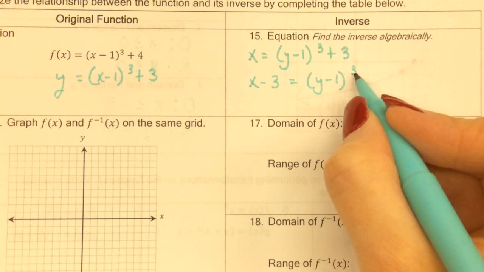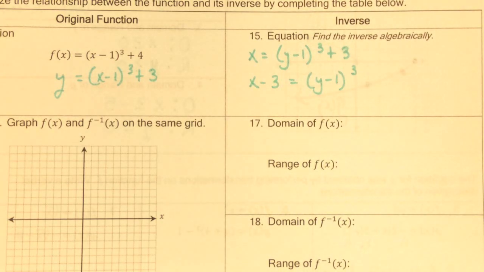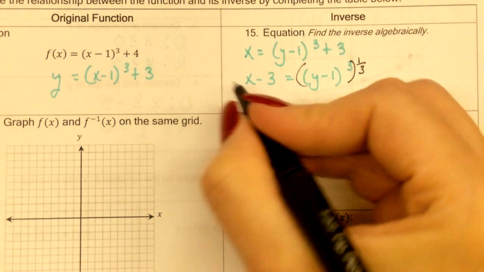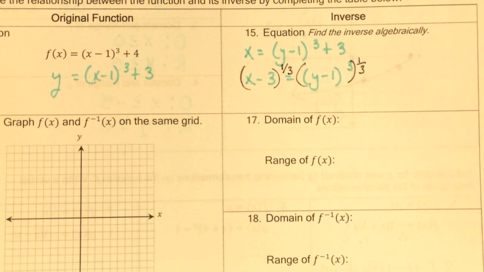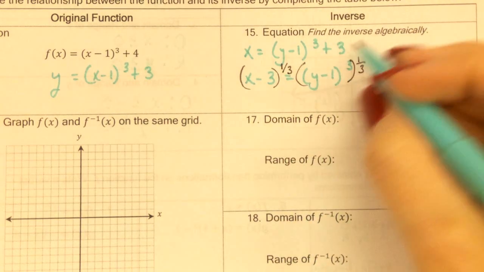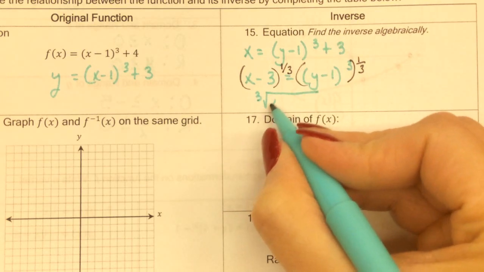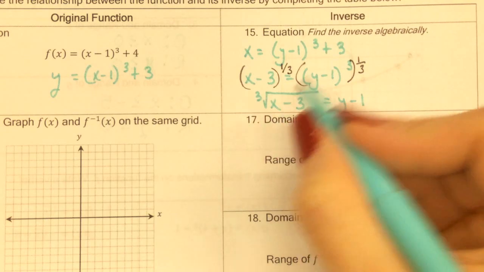So the inverse would be raising each side to the 1/3 power to get rid of that. And I don't know if you remember from before, but raising to the 1/3 power is the same as a cube root. So we have the cube root, make sure you write the 3 out there, of x minus 3 is equal to y minus 1, and then we would just add the 1.